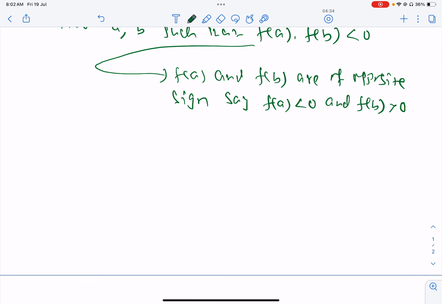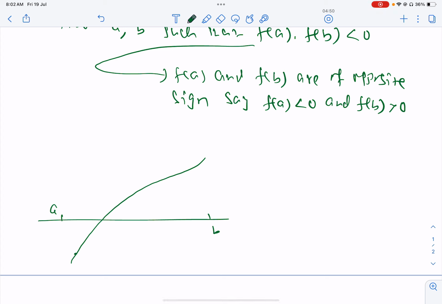So it's like this. Say here a and here say b. You can see that this point is a, f(a), this point is b, f(b), and this is our exact root.